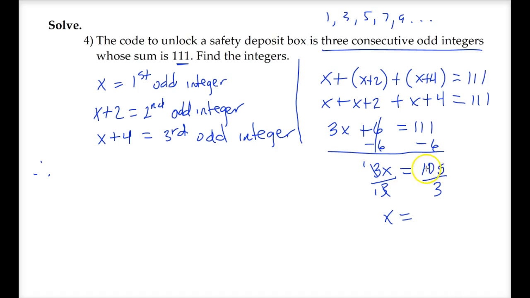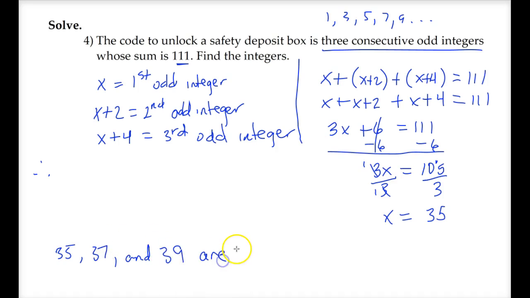And if we divide 105 by 3, we know 3 goes into 10 3 times with a 1 remainder, and 3 goes into 15 5 times, and we get 35. So that means our first odd integer is 35. The second one, which would be 2 more than that, is 37. And the third one, which is 2 more than 37, is 39.